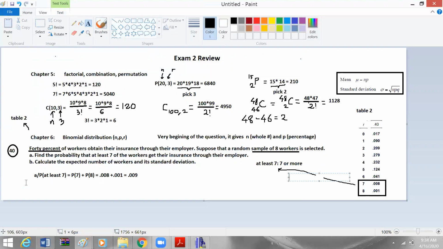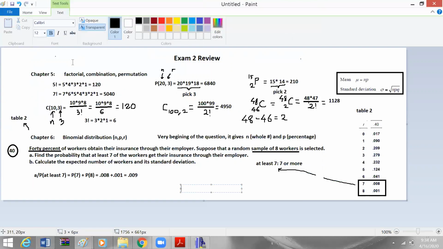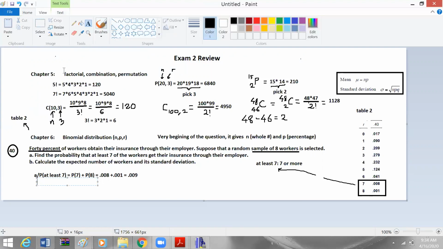So we're going to start with part B. Wait, Professor, you said we need to find N, then P, then R, but what's N? Which one is N? N is 8, and P is 0.4.